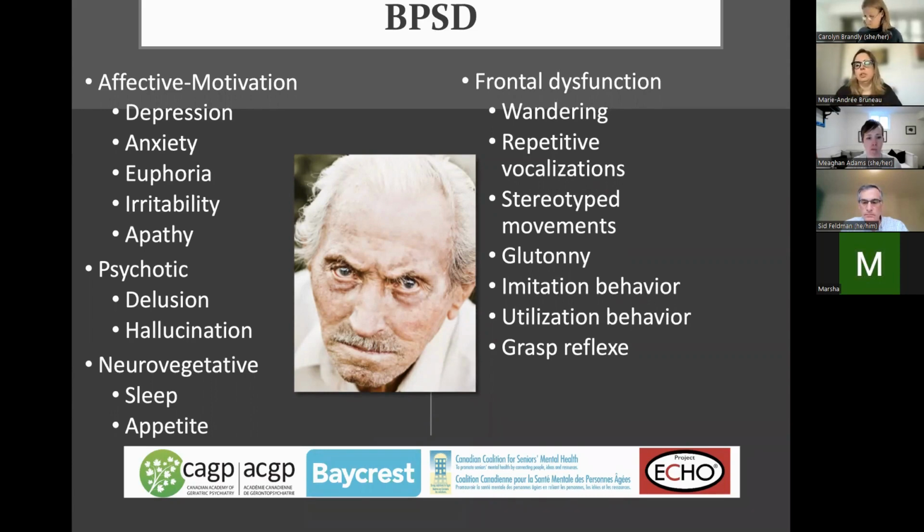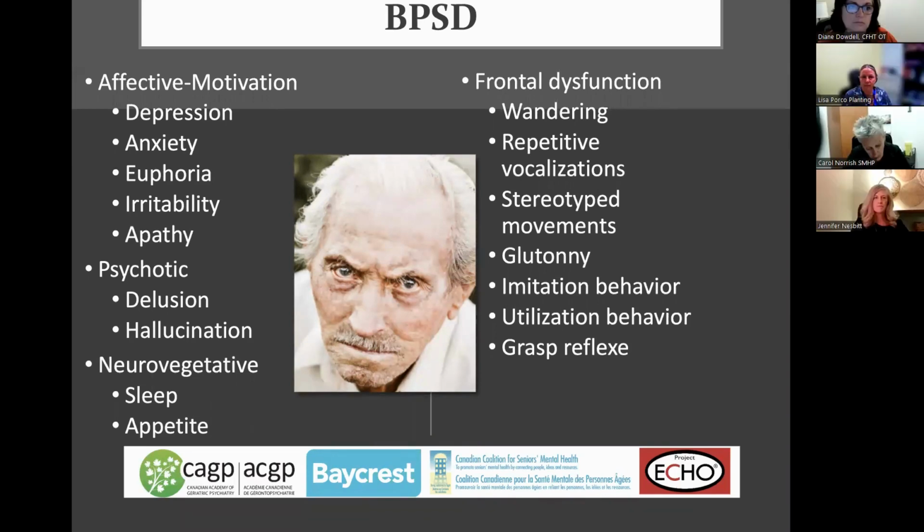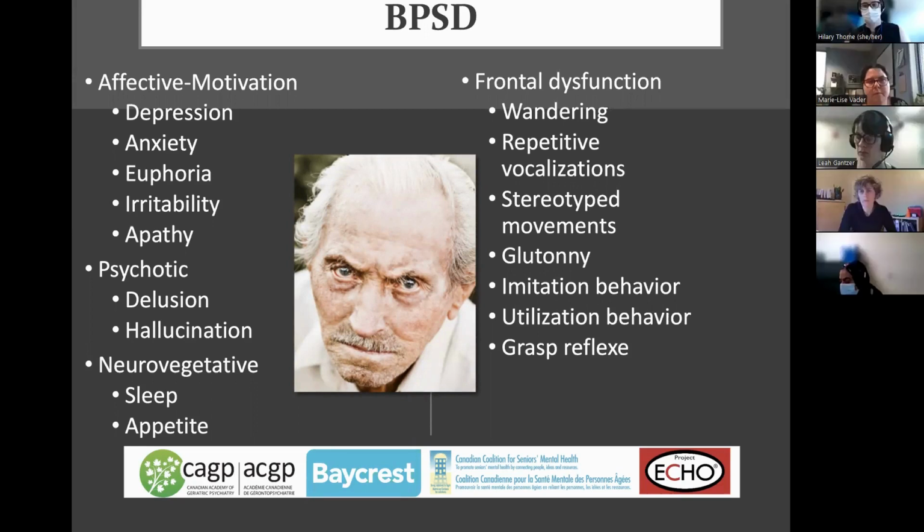So when patients are losing that kind of frontal inhibition, they could have stereotyped or repetitive behaviors like wandering or vocalizations or movements, and they could have some primitive reflexes like the grasp reflex or imitation or utilization behavior.